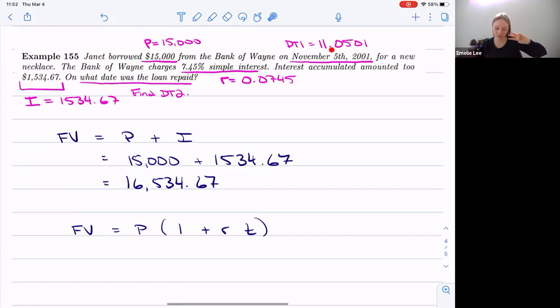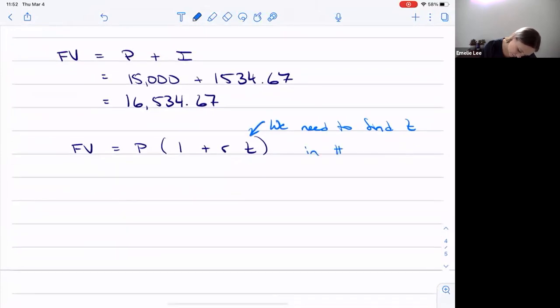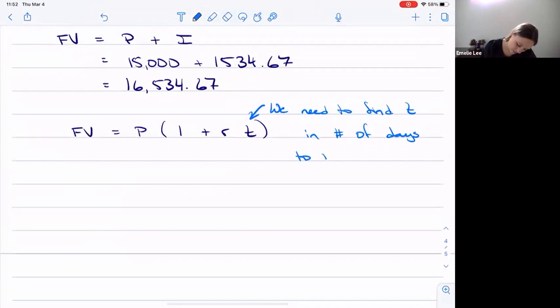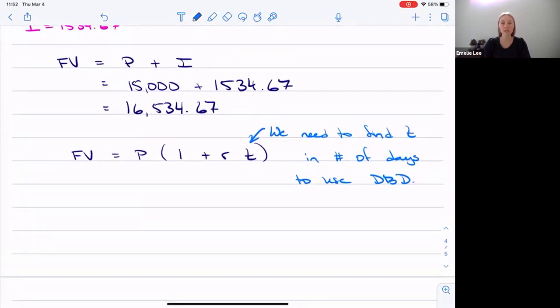If I have date 1 and the number of days, I'll be able to compute date 2. So we need to find t in number of days to use days between dates. Okay, so that's going to be my first stop.